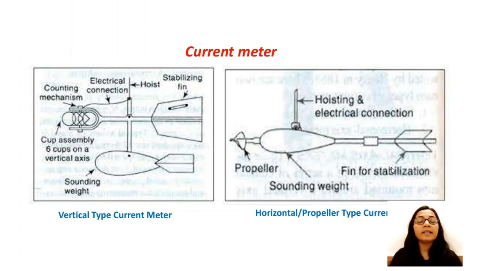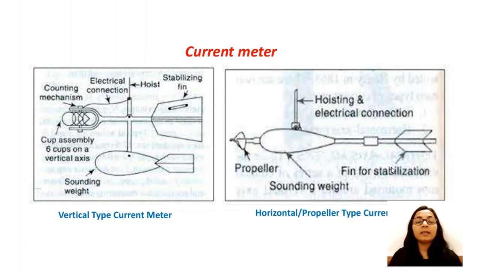This current meter was invented by Robert Hooke in 1663 for the measurement of distance traversed by a ship. Later, in 1868, Henry introduced the electric make and break mechanism in the current meter.